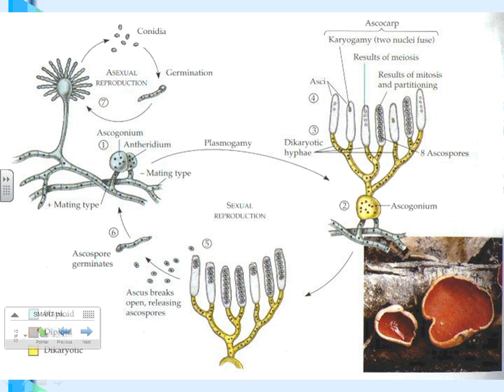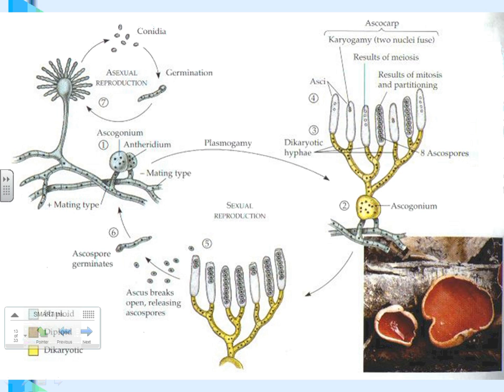Here's a life cycle of this particular kind of fungus. We'll walk through this and we'll call it a day. You're going to see that this is essentially the same as the last one we talked about. You've got two strains of fungi, two mating types, plus and minus. These little hyphae will eventually fuse together. When they fuse, that's called plasmogamy, fusion of cytoplasm.